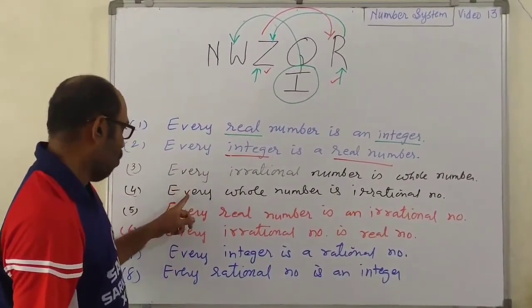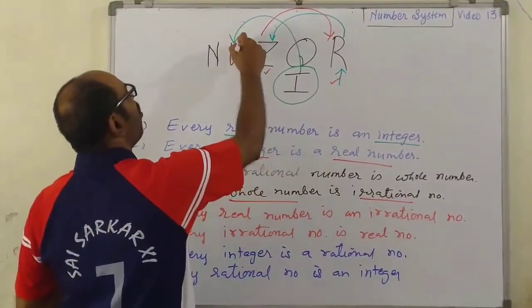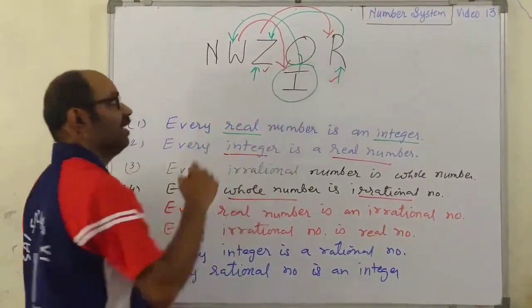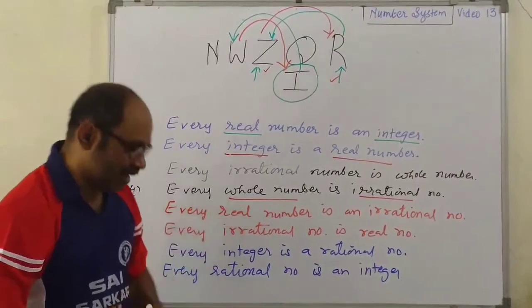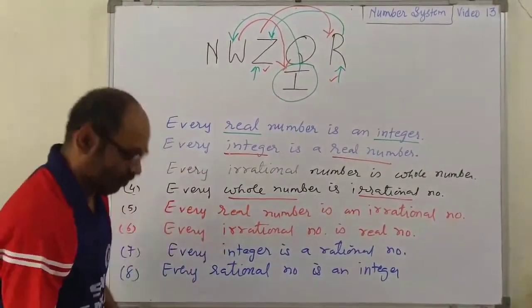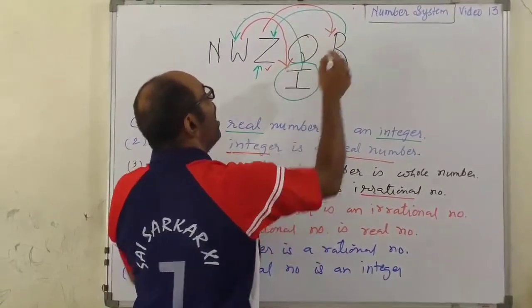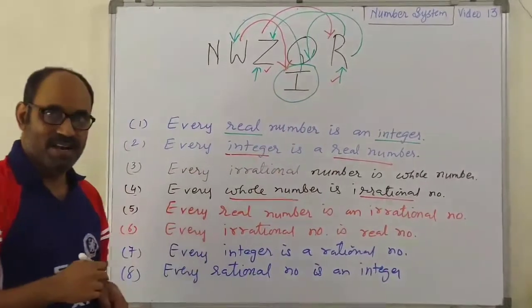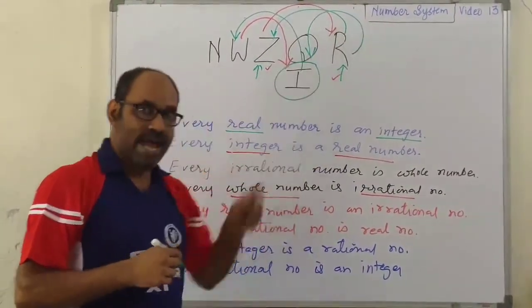So from whole number towards irrational. Alright. Next. Every real number is irrational. Every real number is here and irrational is here. From real to irrational I have put that curved arrow.